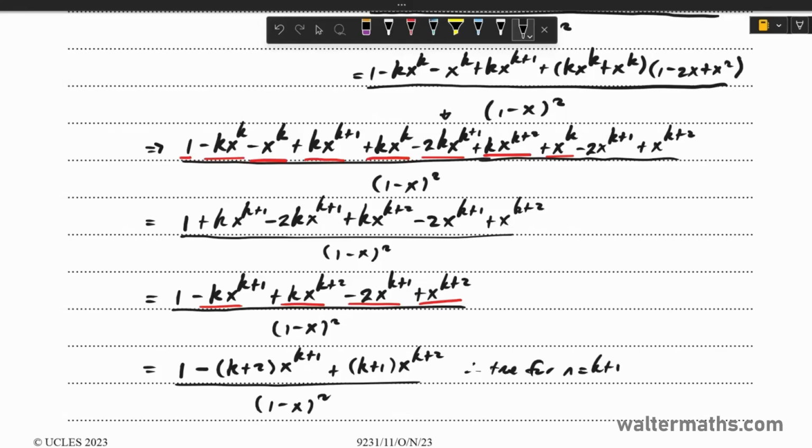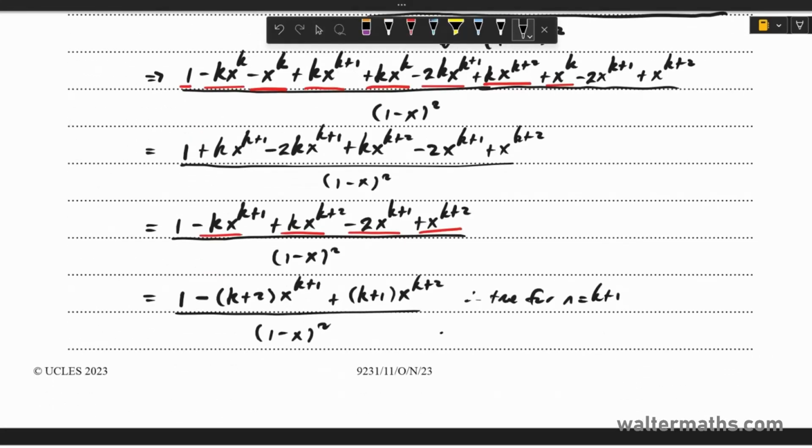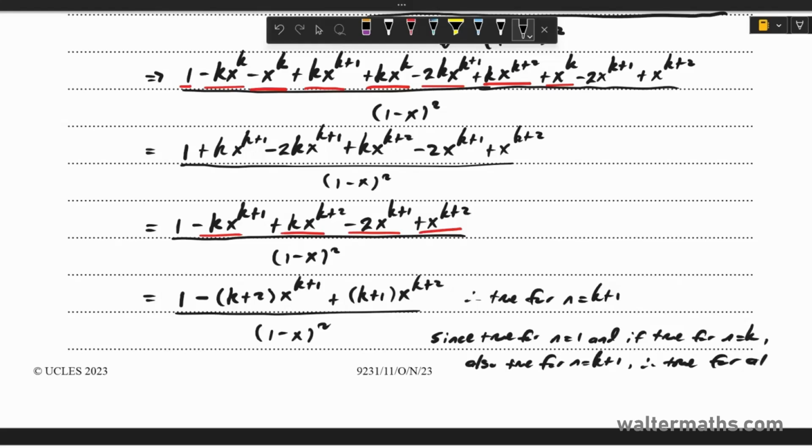All right. And then our concluding statement will say, since true for n is equal to 1, and if true for n is equal to k, it is also true as proved for n is equal to k plus 1, and therefore true for all positive integers n.